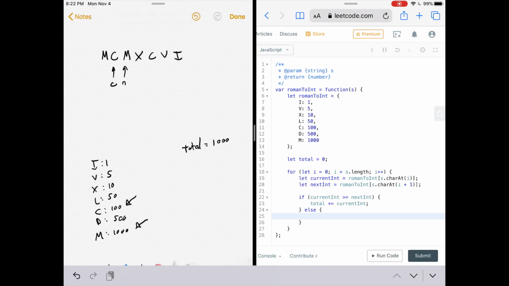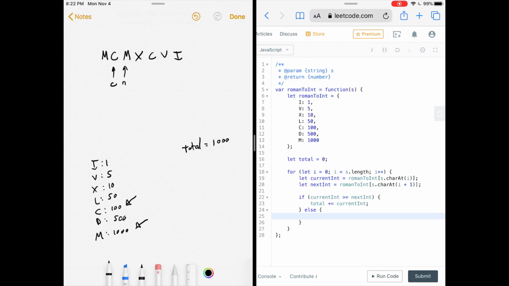What's the total value of these two? It's next int, which is the letter M, so that's 1,000, minus current int. Current int is 100. What's 1,000 minus 100? It's 900. So our total now would become 1,000 plus 900, which is 1,900.